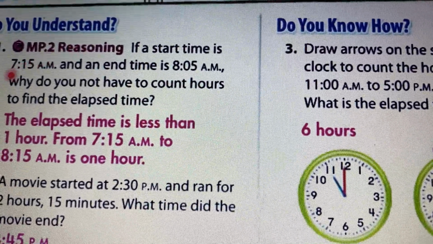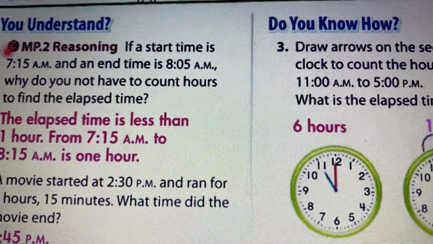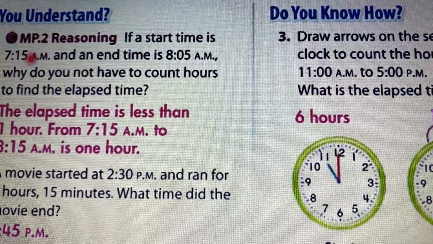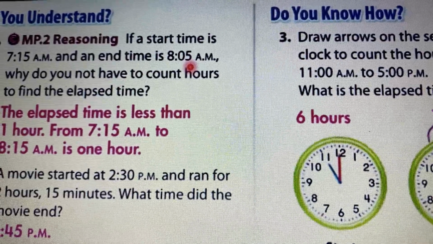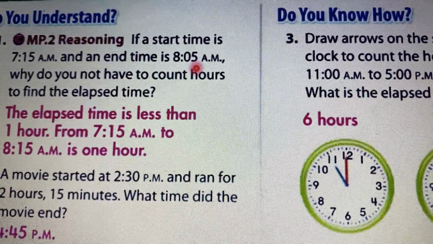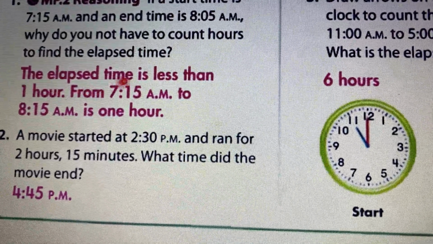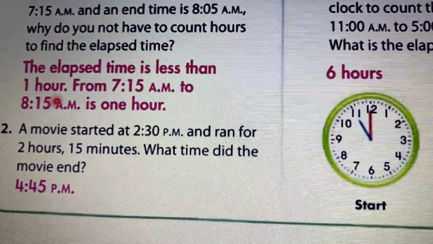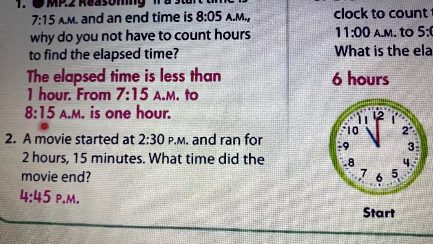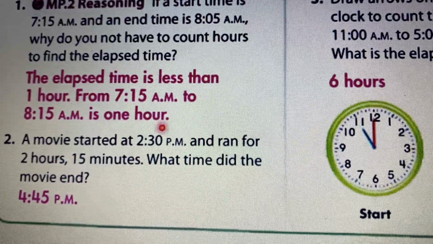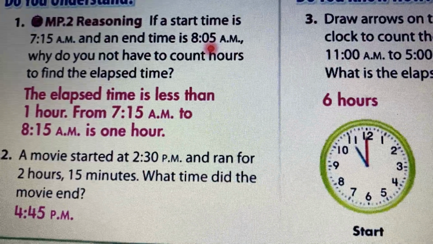If you add 1 hour to 7:15, you get 8:15, right? But look at the time. It's less than 8:15. So I'm only counting minutes, not hours, okay? So the elapsed time is less than 1 hour because 7:15 a.m. to 8:15 a.m. is 1 hour, and 8:05 a.m. is less than 8:15.